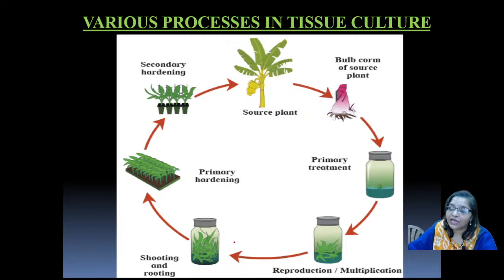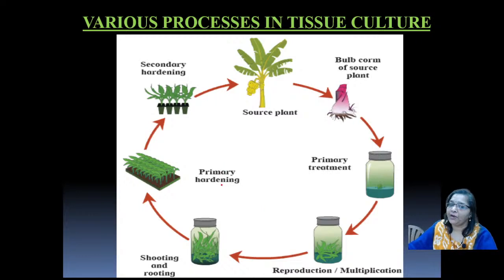When the root initials and the shoot initials develop, they start developing the roots and the shoots, that is the stem and the leaves, which develop in a few days.